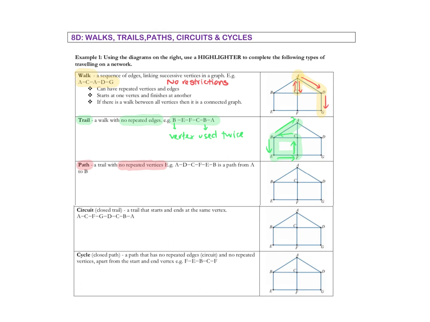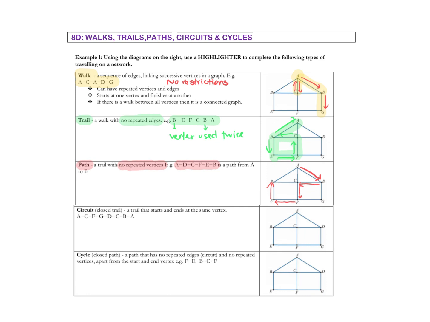Here we've got a path, and I'll draw in the arrows: I went from A to D to C, C to F, F to E, and E back to B. I didn't use a vertex twice, so you'll probably never use an edge twice either. But anyway, no vertices used twice.